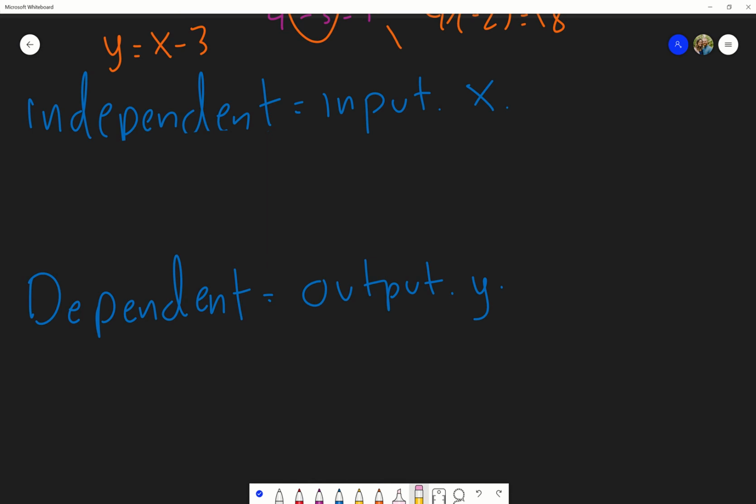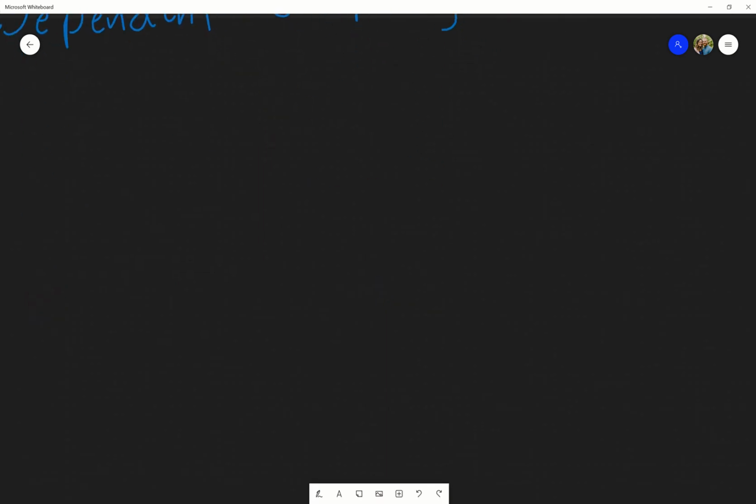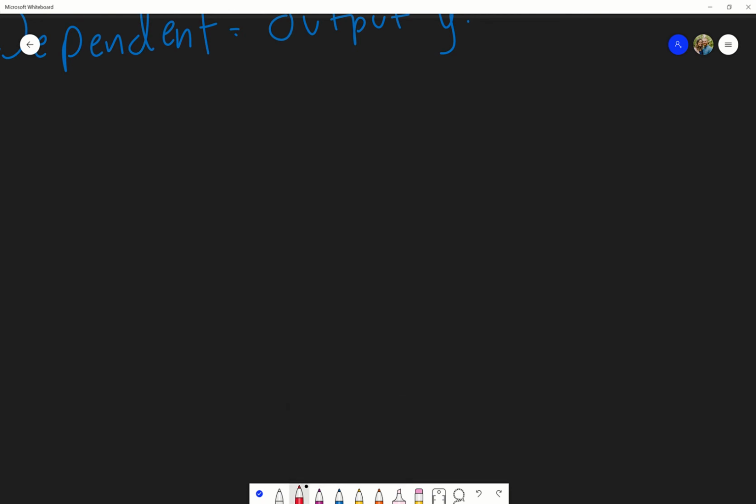When we're talking about equations, we want to write these as: the dependent variable is a function of the independent variable.